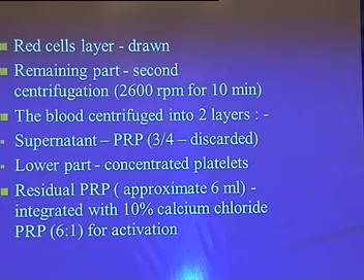The blood is centrifuged into 2 layers. The supernatant is platelet-rich plasma. Three-quarters of that is discarded, and the lower part is concentrated platelets. Residual PRP of approximately 6 ml is integrated with 10% calcium chloride at a ratio of 6 to 1 for activation.